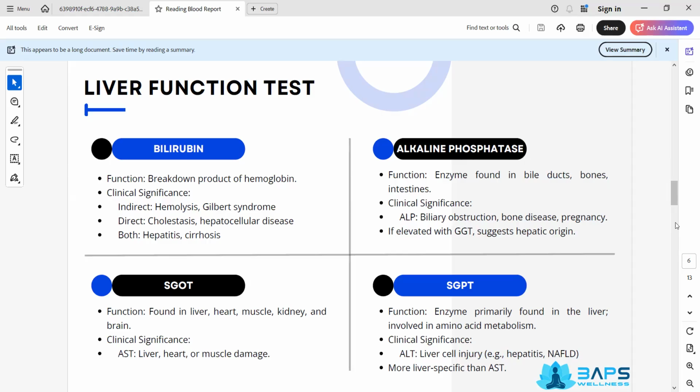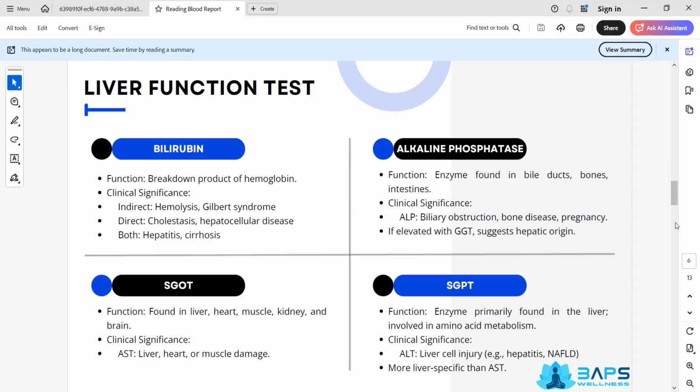And if GGT, gamma GT, we'll see on the next page what it is, if that is also more, then it is a severe problem with the liver only. So we need to ask whether the person is alcoholic. If it is non-alcoholic, we need to see what the lifestyle, food habits and other things are, and what causes the liver damage. And we need to treat that accordingly.